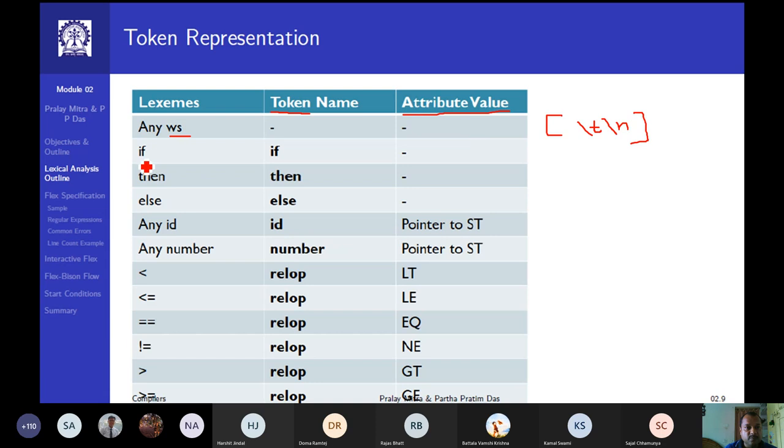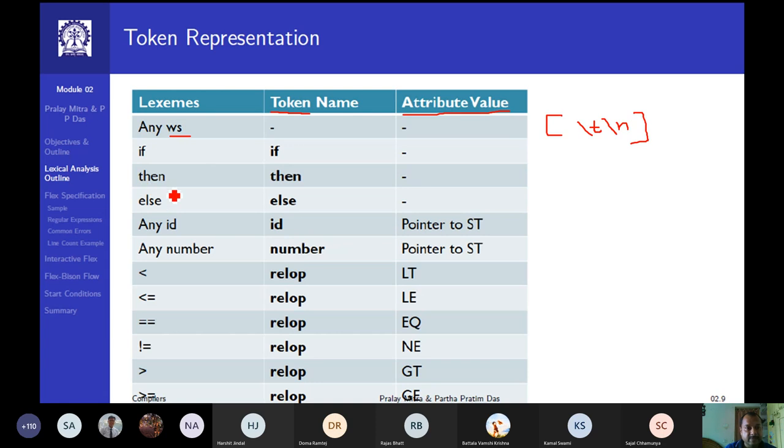In your lexeme, if you find IF, that is my token class IF. It's a reserved keyword, and the attribute value is nothing, because there is only one token name. Since there is one correspondence, I am not giving any attribute value. Optionally you can give, but without that it will also be fine.